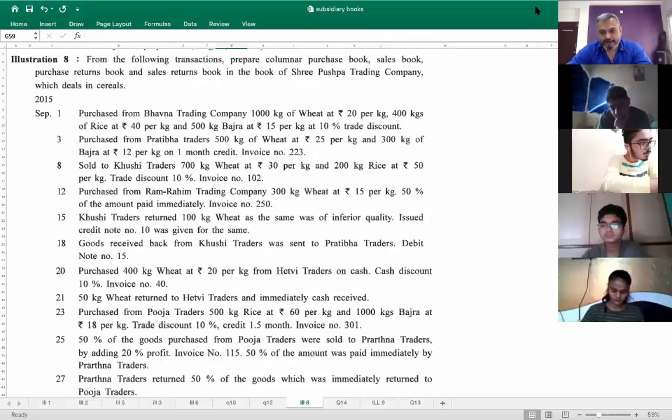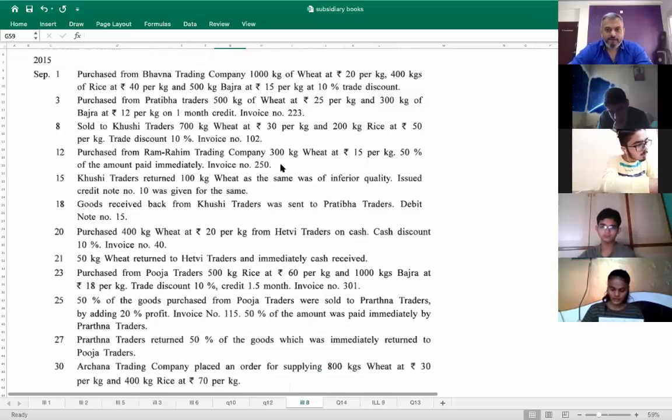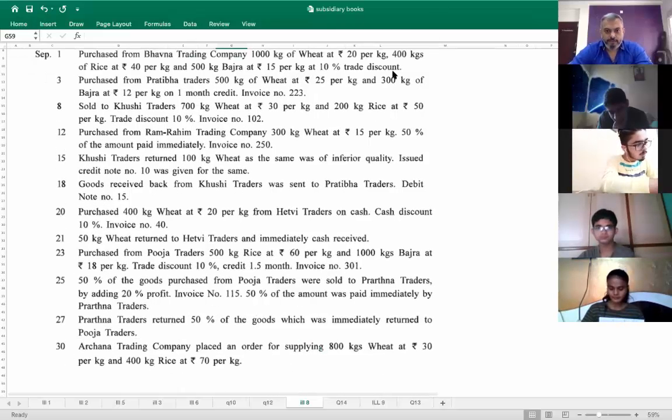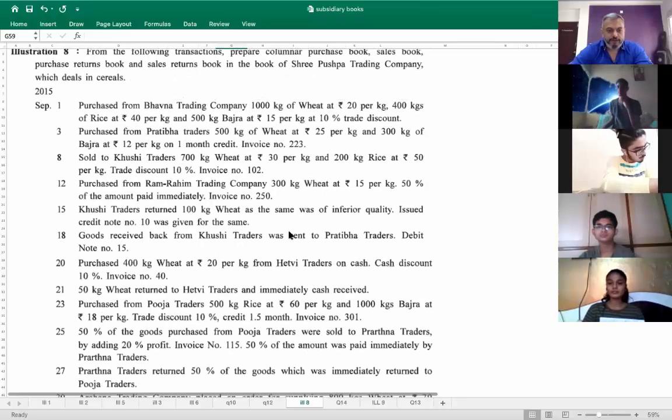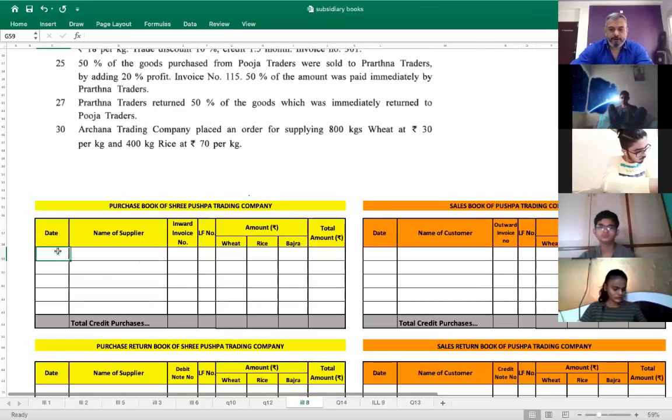Now this trade discount is for all the three. Is this clear? So be careful. It's not just on bajra. It is also on wheat as well as on rice. So let's go to purchase book, 2015 September 1.